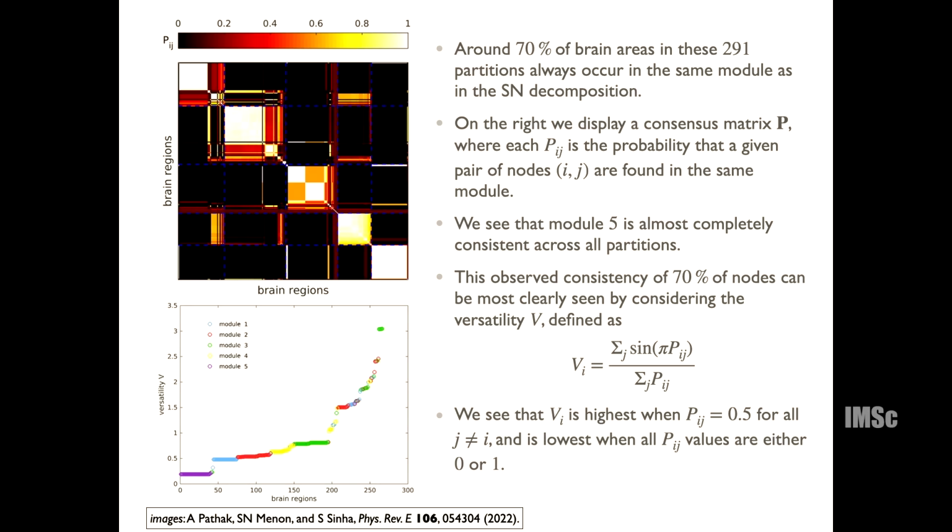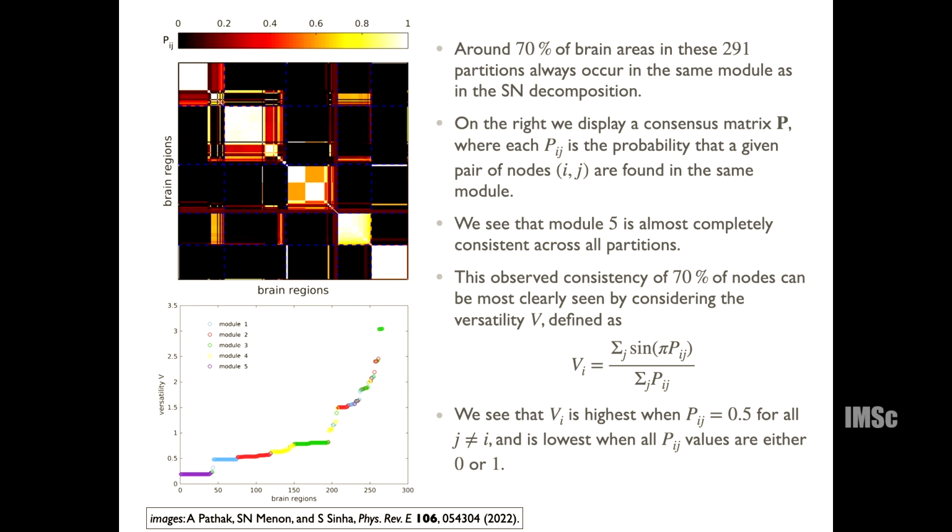For that, we use what's called the consensus matrix, where Pij is the probability that a pair of nodes are found in the same module, right? And this is done over the 1,000 realizations, and we see that, for example, module 5 is almost completely consistent across partitions, which means that no matter which partition you do, module 5 shows the same set of nodes that keep co-occurring together again and again.